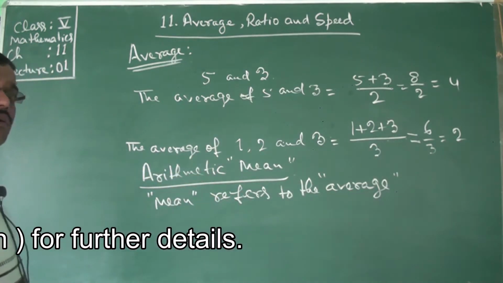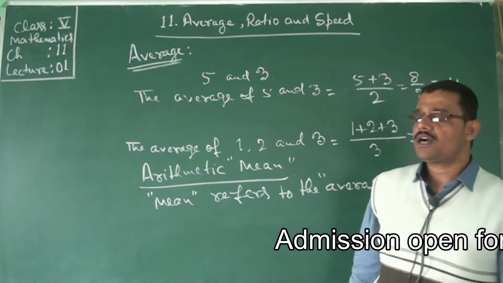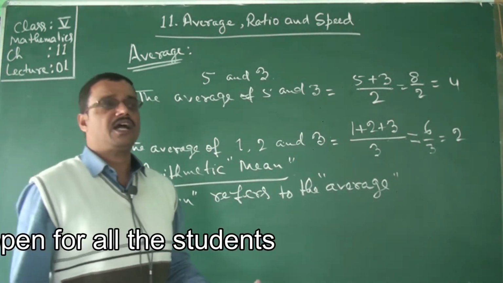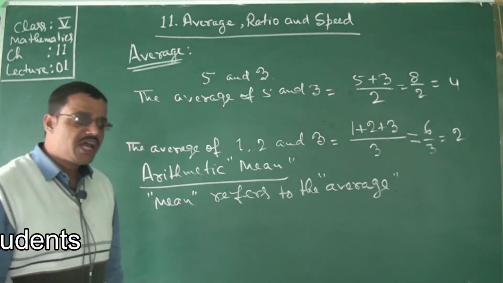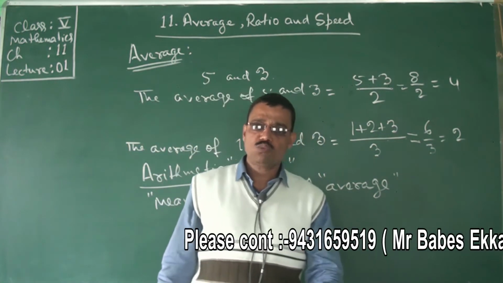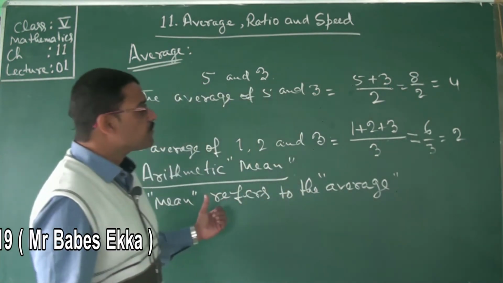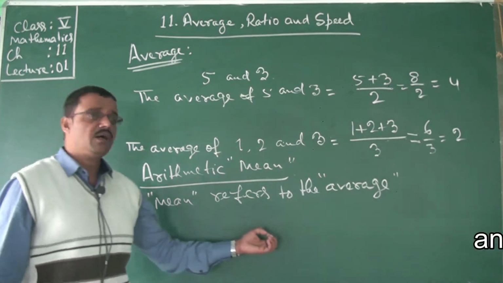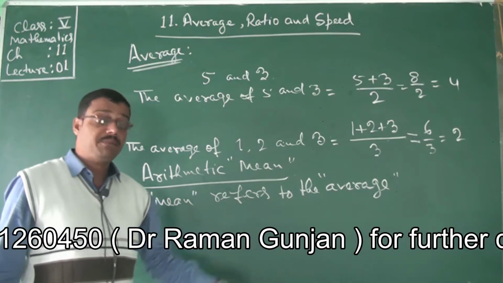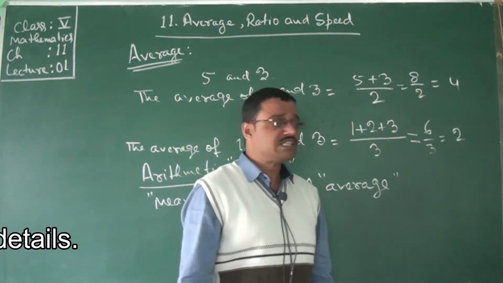Now to calculate the average, one thing is to be taken care of. If we are asked to find out the average of 5 kilogram sugar and 100 rupees, then we can't go for that. We can find out the average only for similar quantities. That is, if you are given 10 kilogram rice, 10 kilogram pulse, or 5 kilogram pulse, or say 8 kilograms of orange, this is a fruit.